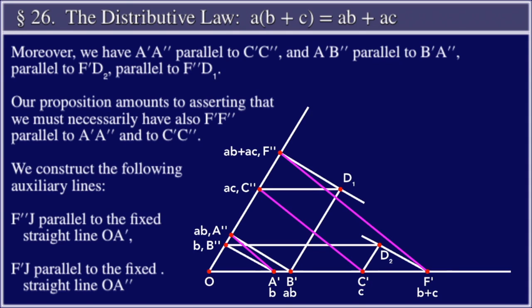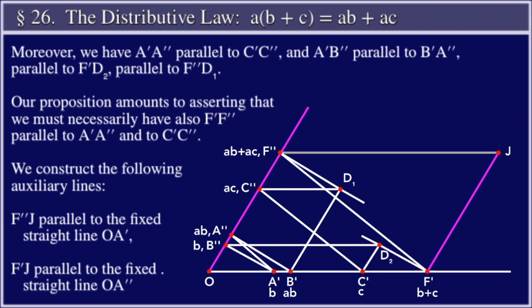We construct the following auxiliary lines. F double prime J parallel to the fixed straight line OA prime. F prime J parallel to the fixed straight line OA double prime.